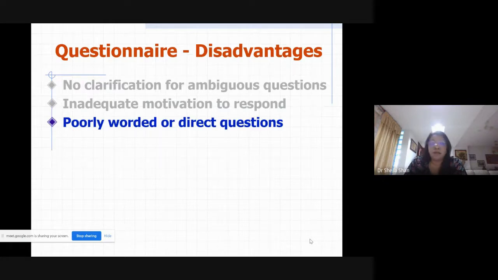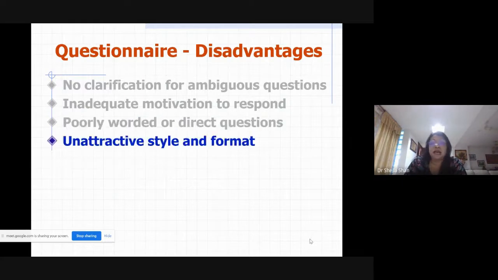Poorly worded: sometimes the questionnaires are, that's why you need content validity. You need to give it to someone who can check whether the wordings are correctly put.